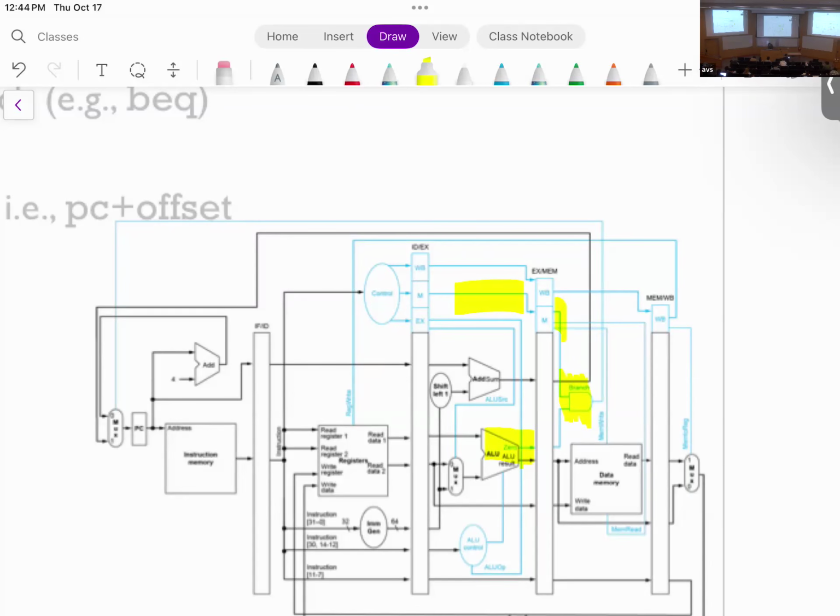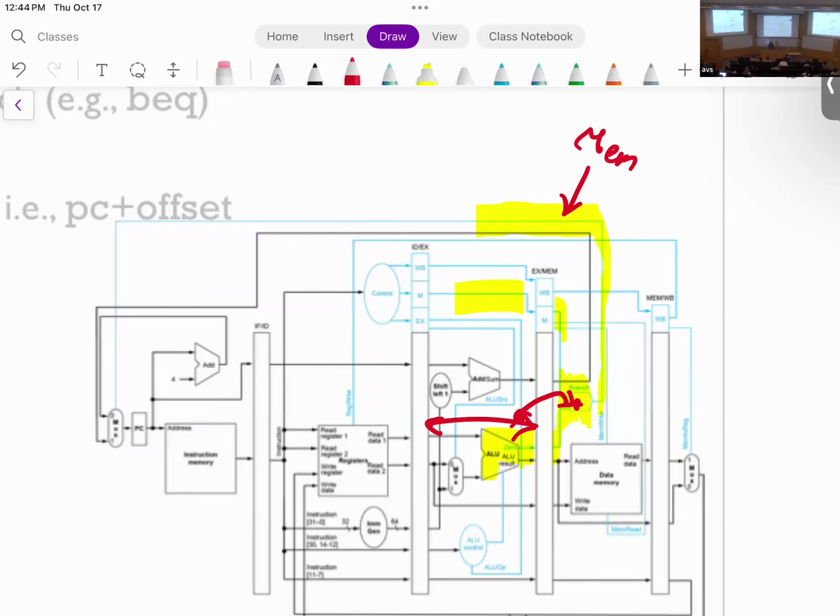Then we AND that with the 0 flag that is coming from the ALU. If this was 1, then my branch was taken. And if you remember, I told you that I moved this AND from here to here because I want to reduce the critical path of my ALU. That's why I moved this AND here. So in other words, I know whether or not this branch is going to be taken in the mem stage, somewhere in the middle of the mem stage.